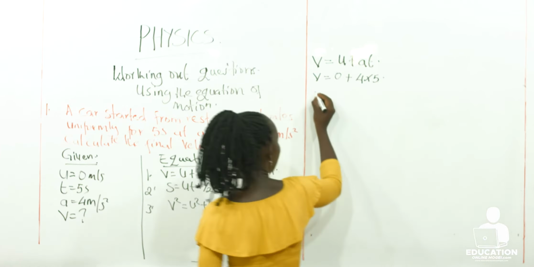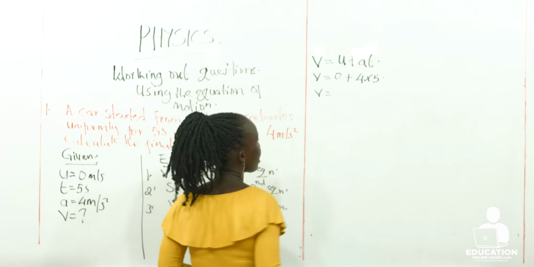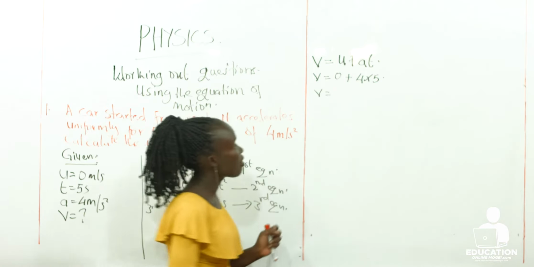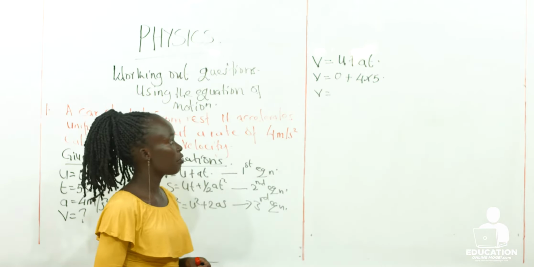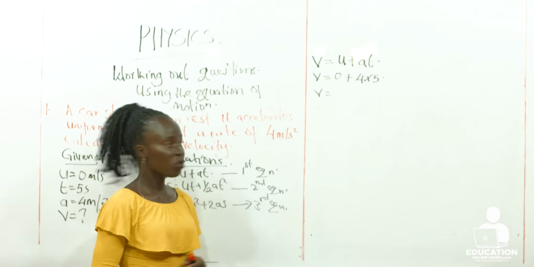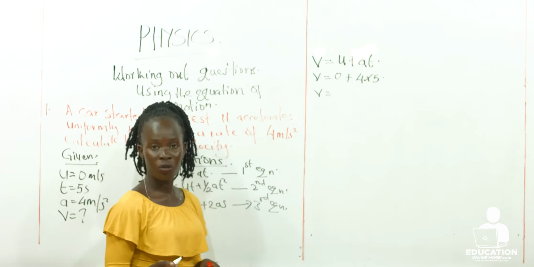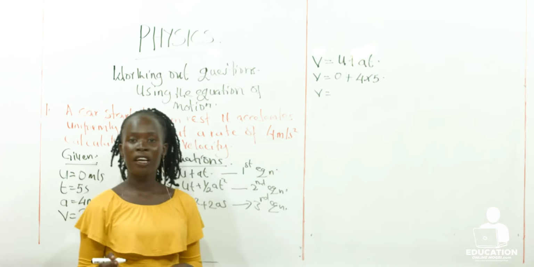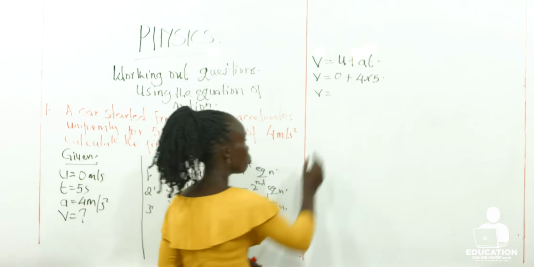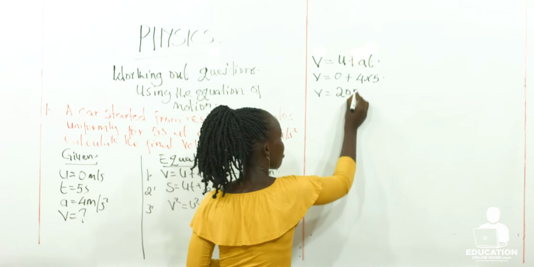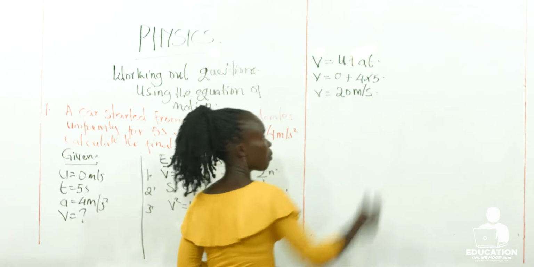This time v equals 0 plus 4 times 5, which is 20. So 0 plus 20, you still get 20. That means our final velocity is equal to 20 meters per second.